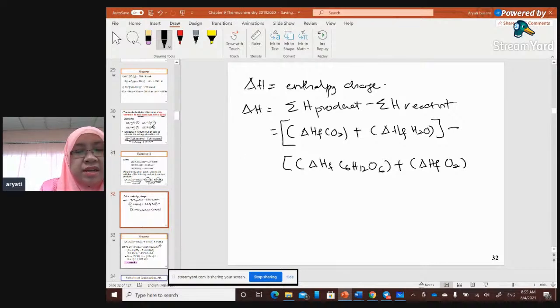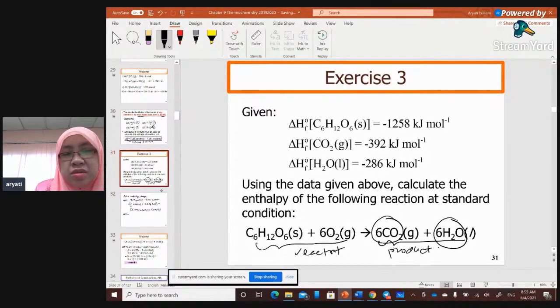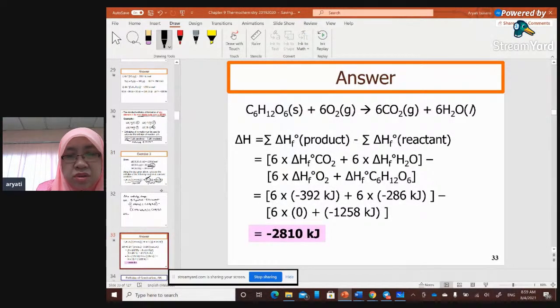Okay, so masukkan nilai. So carbon dioxide kat sini ialah 392 kilojoule per mole. Per mole maksudnya for 1 mole. So kat sini carbon dioxide ada berapa? Carbon dioxide ada 6 mole. So sebab itulah kena times 6. So ini carbon dioxide ada 6 mole, sebab tu kena times 6.